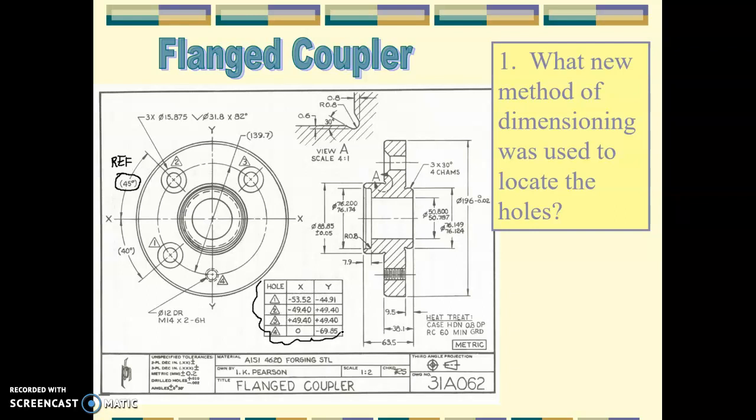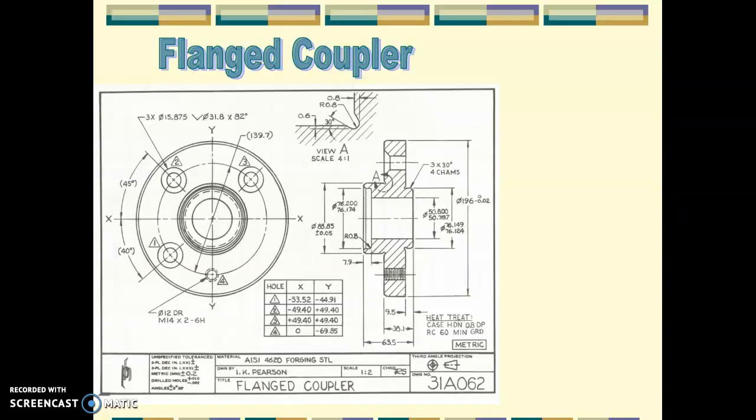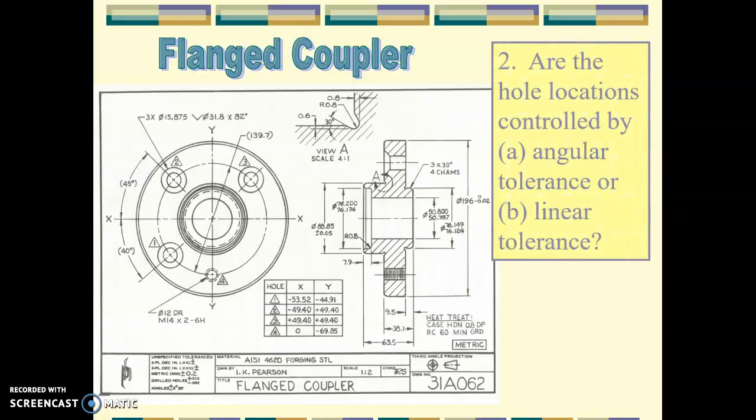The real dimensions are given down here in this table, where all of the holes are located with x and y coordinates. These x and y coordinates are linear or coordinate dimensions. And because the angular dimension is not the real one, it's only a reference, the tolerances are determined, again, by these linear dimensions. So it is the linear tolerance that controls.